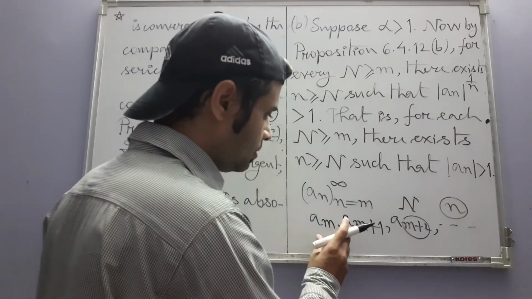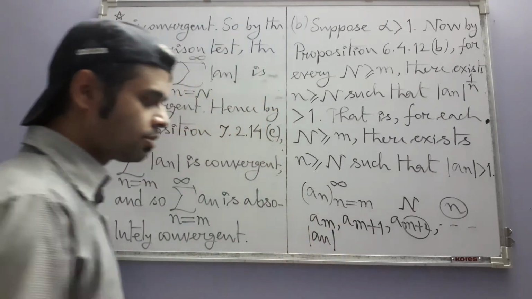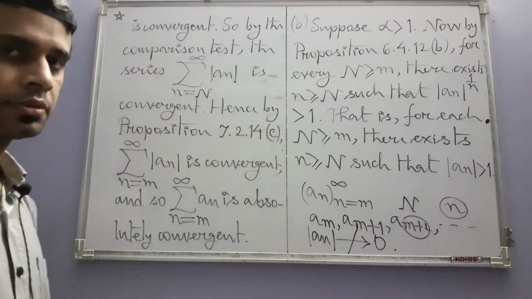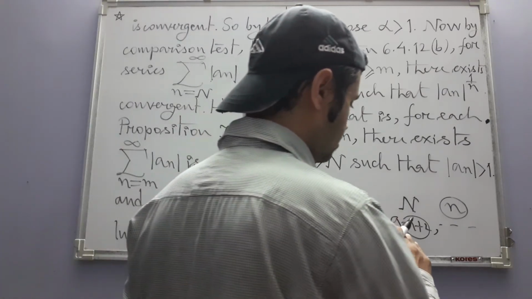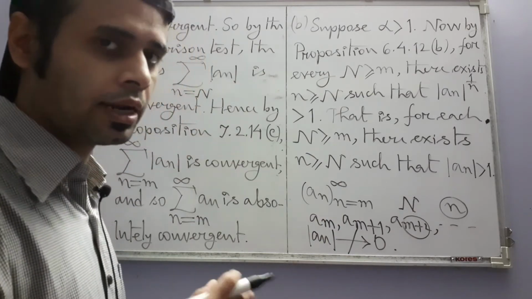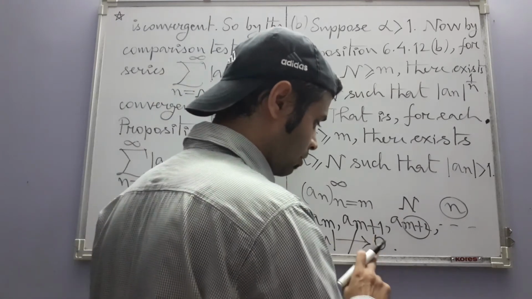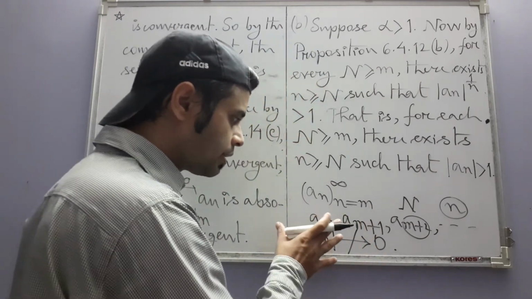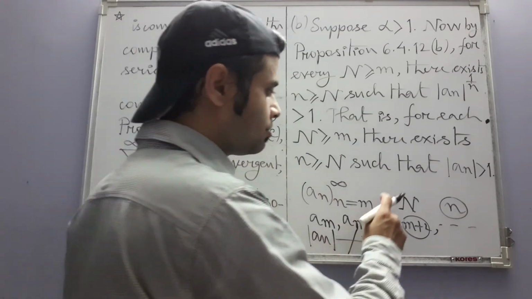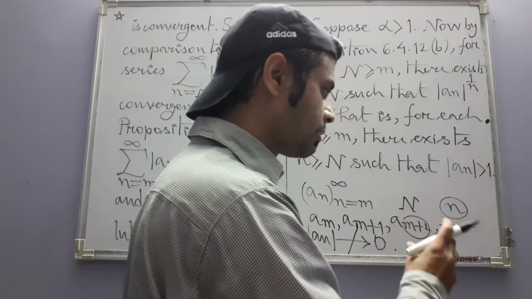So do you see that the sequence absolute value of an cannot converge to 0, because you cannot make things smaller and smaller, like what we see in case there is convergence to 0. Then after some stage things will get smaller than say epsilon. Then you choose another epsilon, you will get another stage after which things get even smaller than that epsilon.